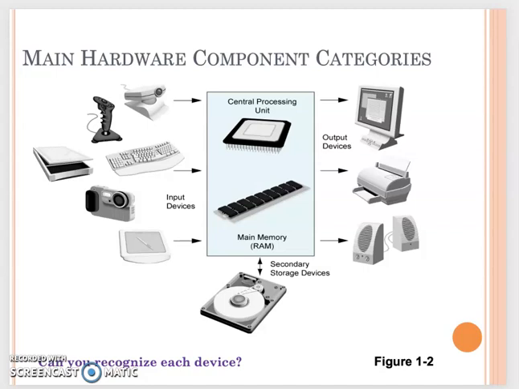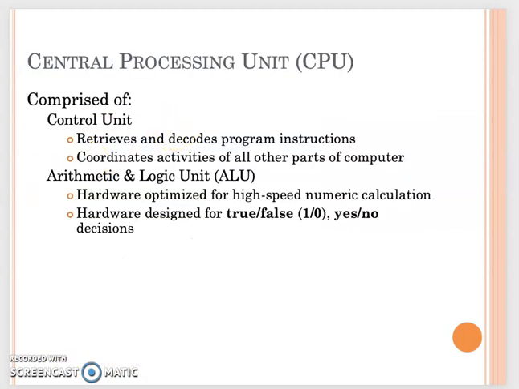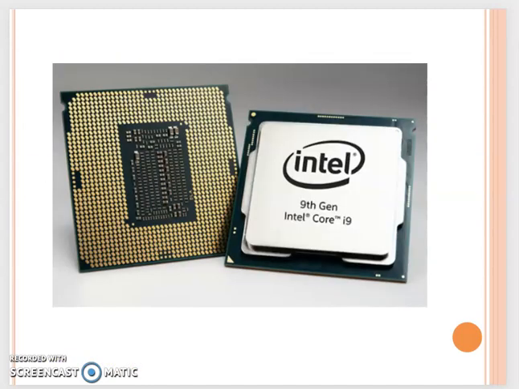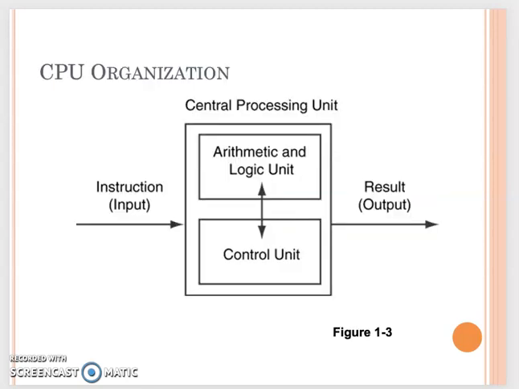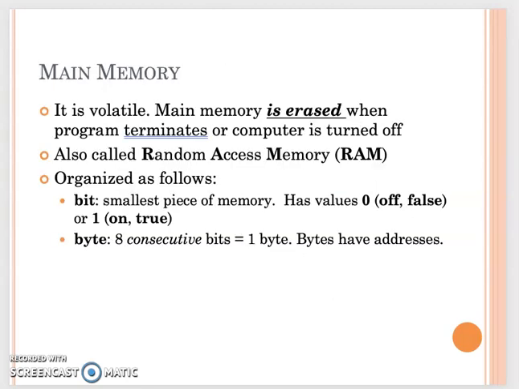In this video, I won't go over everything from the PowerPoint because some things you can just read by yourself. There is more information when we talk about the CPU, then the main memory, and what they are.